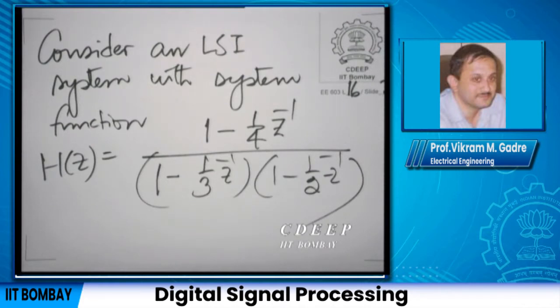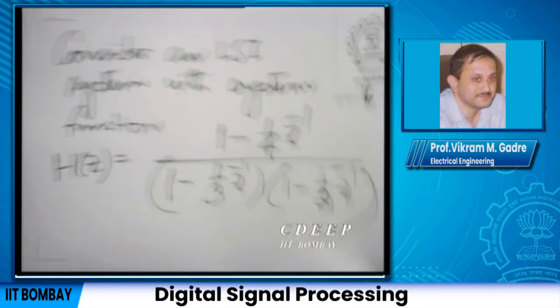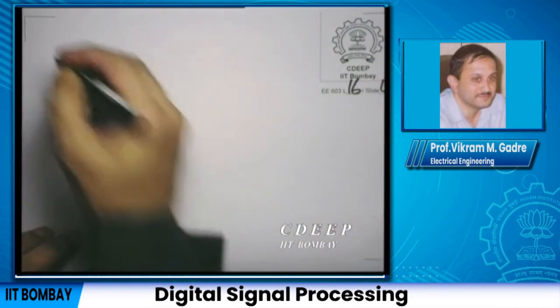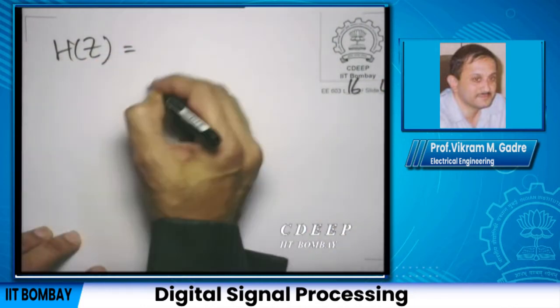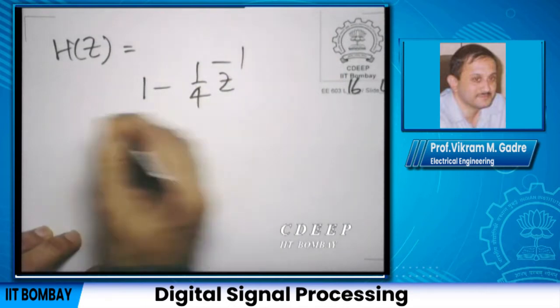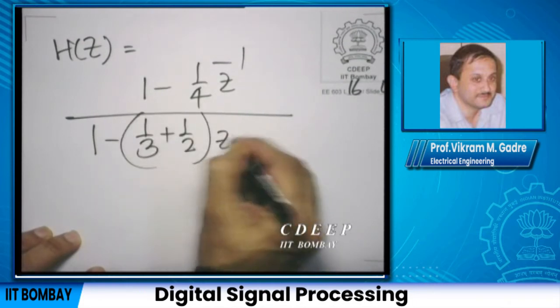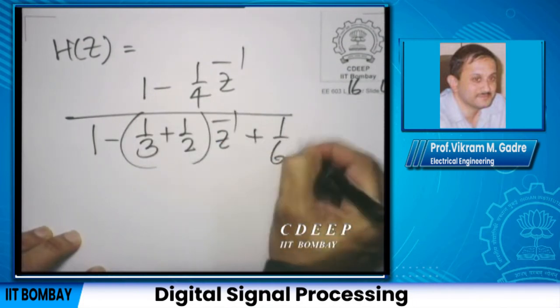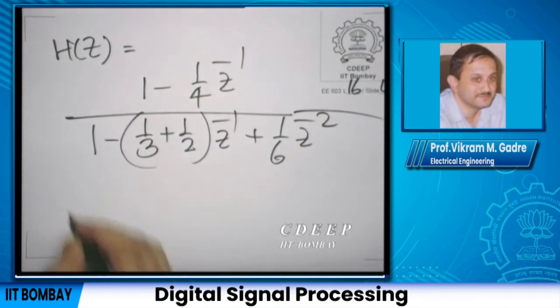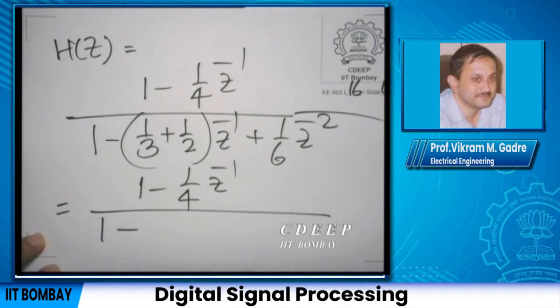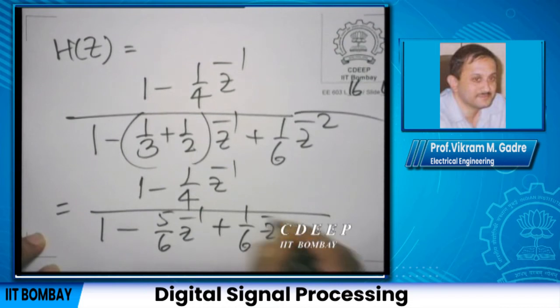Now, let us expand H(z). It can be rewritten as (1 minus 1/4 z inverse) divided by (1 minus (1/3 plus 1/2) z inverse plus 1/6 z to the power minus 2), which of course becomes (1 minus 1/4 z inverse) divided by (1 minus 5/6 z inverse plus 1/6 z to the power minus 2).